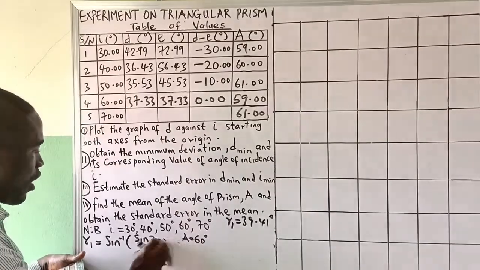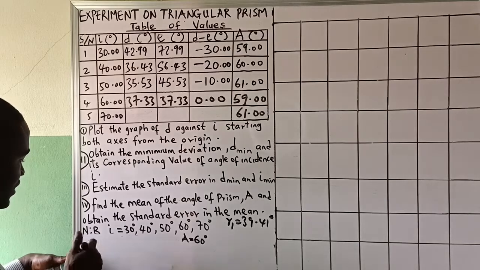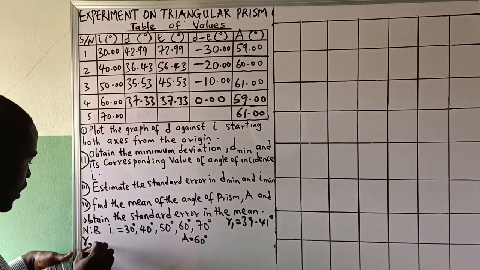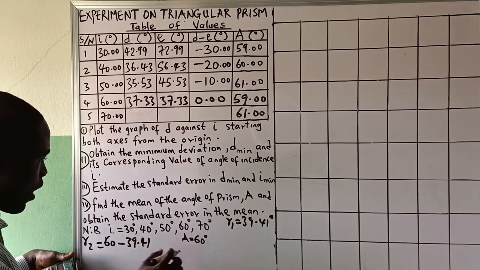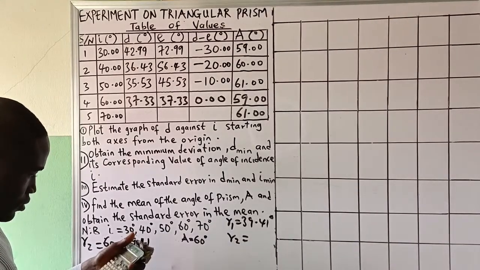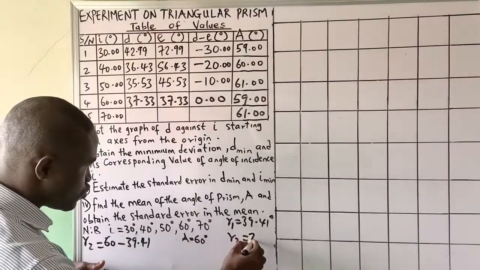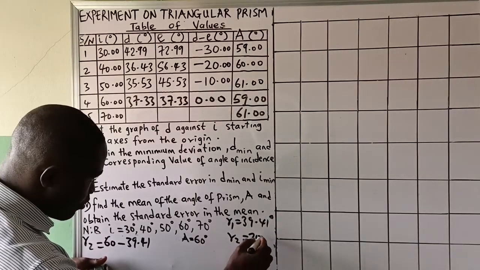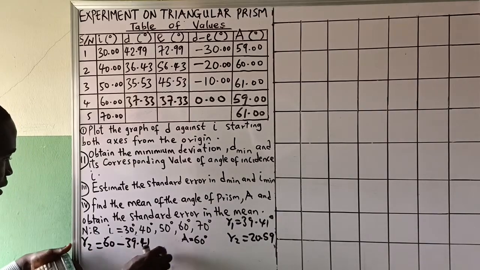We will now get our R2 by subtracting R1 from 60. R2 equals 60 minus 39.41. R2 will be 20.59 approximately.